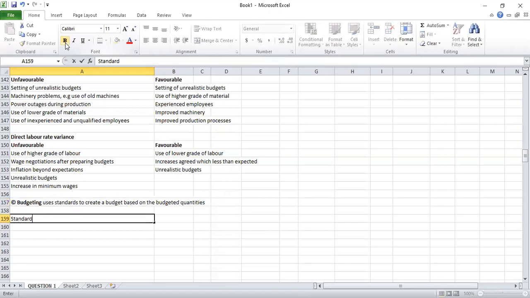Standard costing may record costs based on normal production capacity.